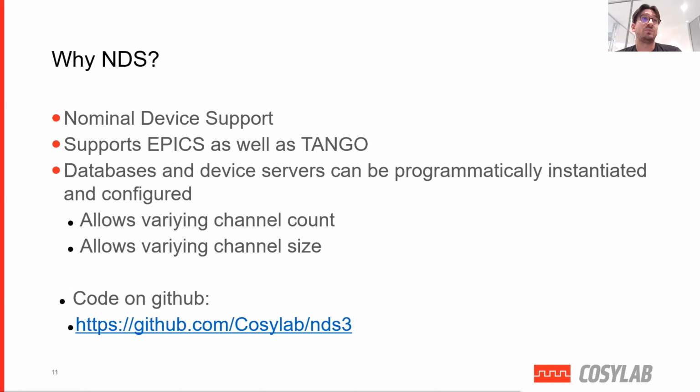And of course it supports both EPICS and Tango. Since NDS generates the EPICS database and the Tango device server from code, this was instrumental to allow us to use the JSON configuration that I mentioned before to actually generate the control system databases and logic for EPICS and Tango. If you're interested in using NDS, you can find it at the link that I provided on the slide.